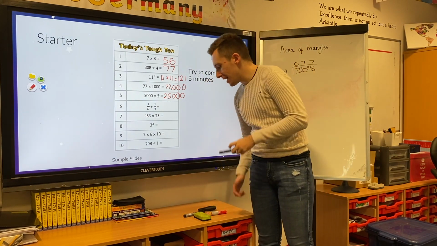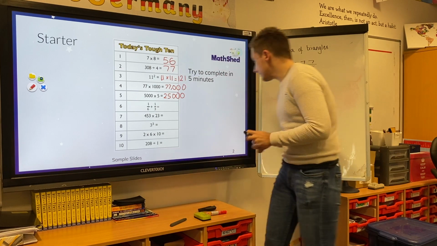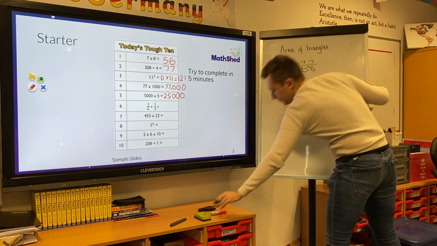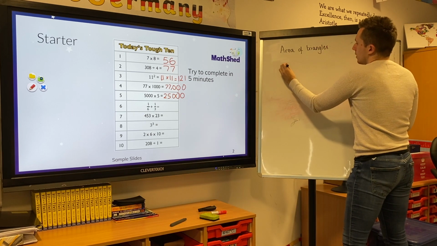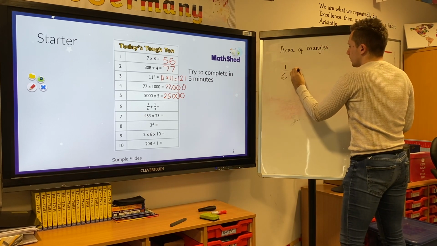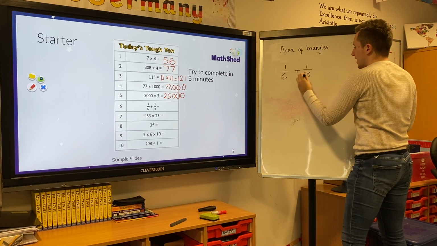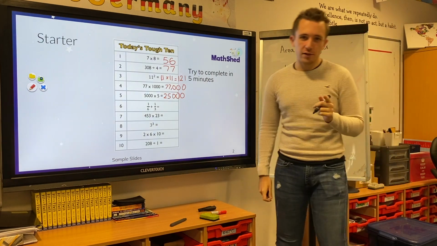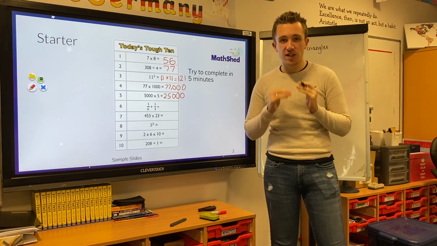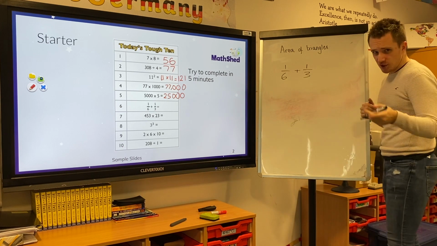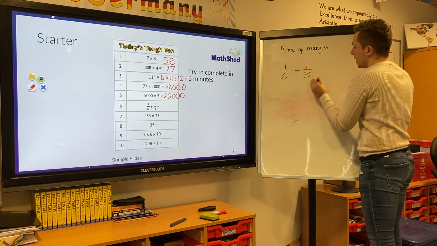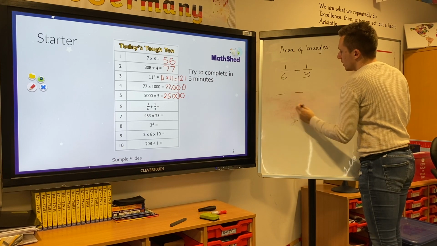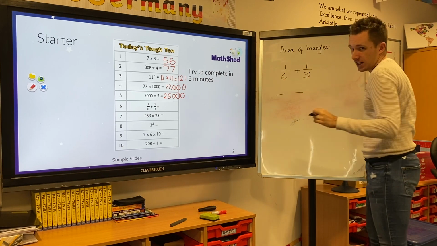Next one, a sixth and a third. We cannot add these at the moment. Why can't we add them? Because the denominators are different. What are we going to do about that? We're going to make them the same. So, luckily, 3 goes into 6.